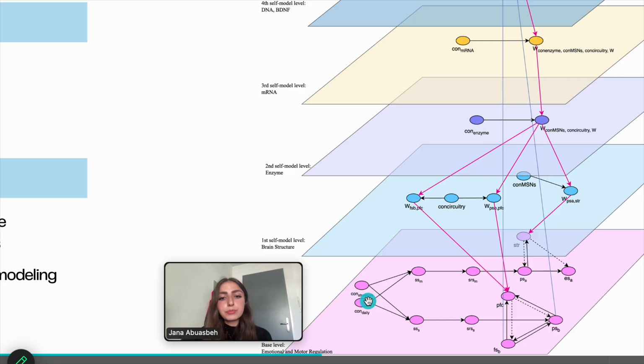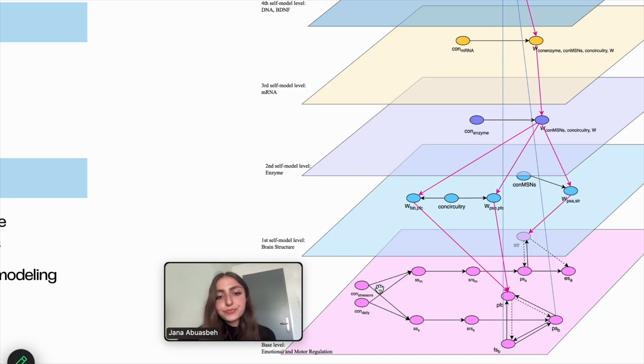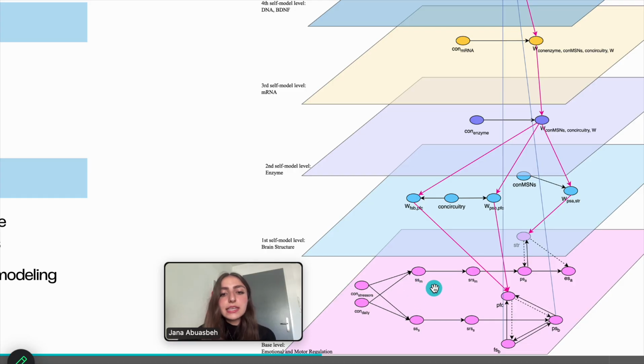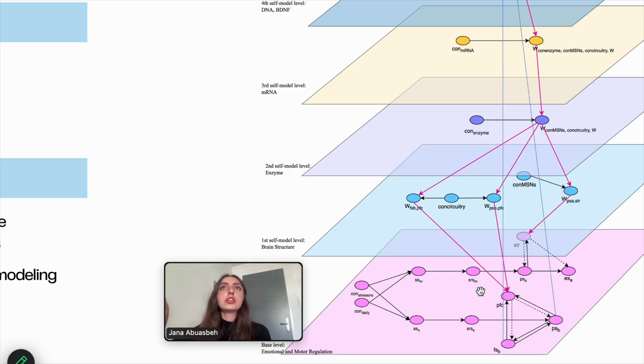Now for a brief overview of the states, we have these context states. Context daily provides normal environmental context, and context stressors is activated during stress periods. Then we have these sensory states and sensory representation states, which model the sensing of a stimulus and the brain's representation, so the brain's interpretation of the stimulus, respectively.